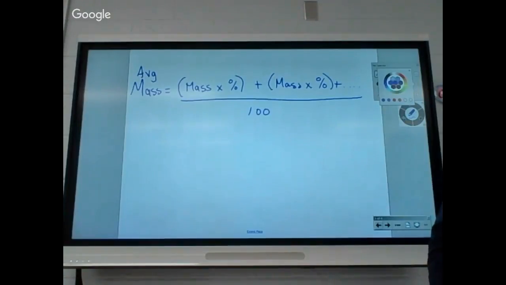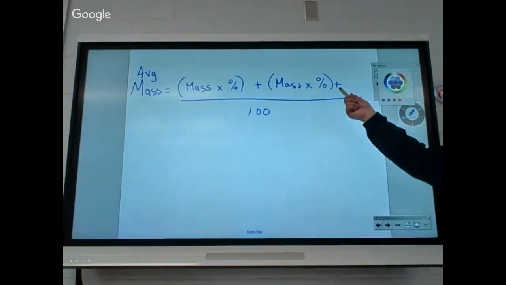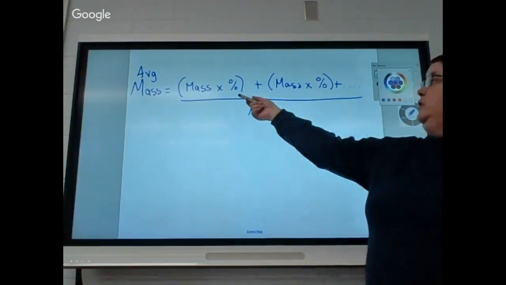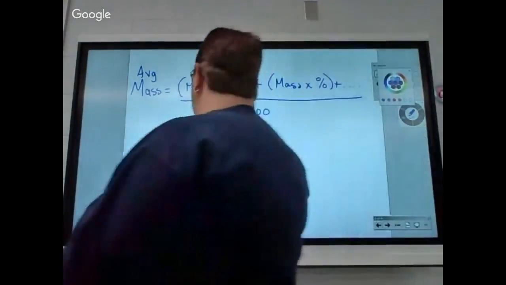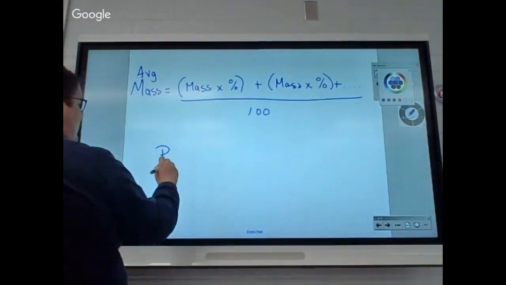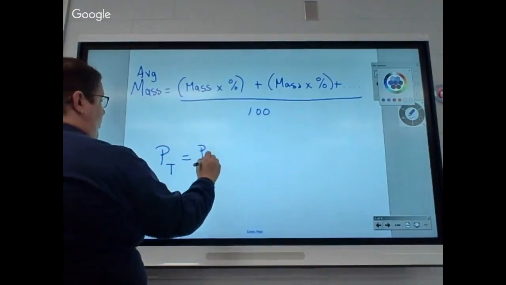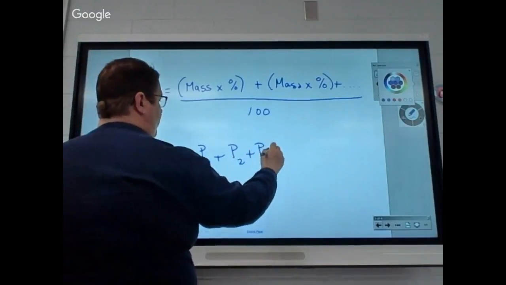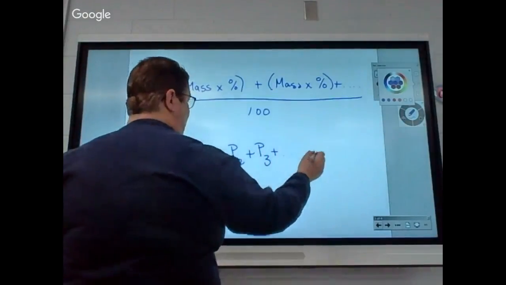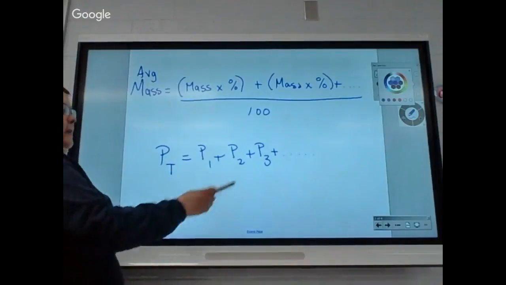Does that make sense? Anytime you have a formula that stops with a plus sign and has dot, dot, dot at the end of it, it means whatever is here just keeps going, okay? One of the ones that we're going to have later in the semester says PT equals P1 plus P2 plus P3 plus dot, dot, dot. So what happens at the plus sign?